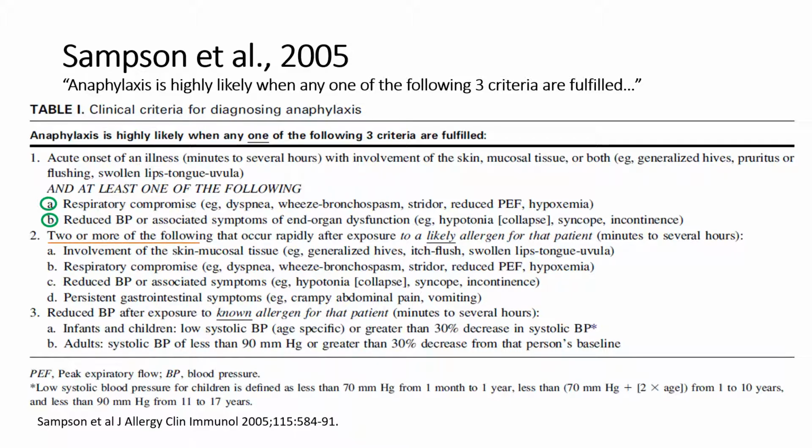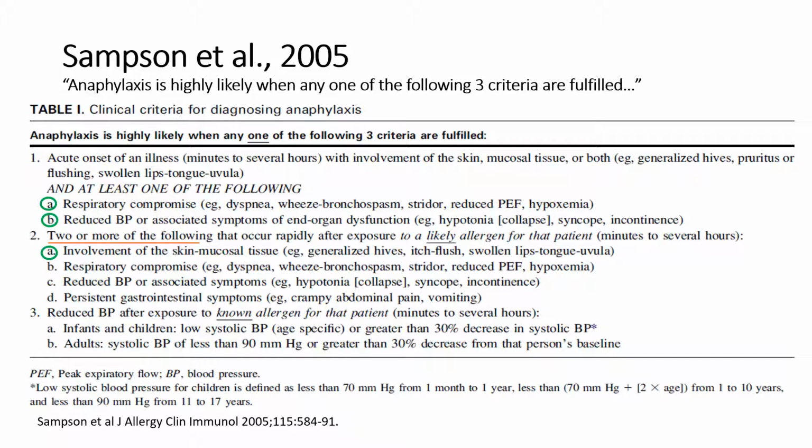Let's look at criterion number 2. In criterion number 2, 2 or more of the following should occur rapidly after the exposure to a likely allergen for that patient. Why am I saying this? Well, the patient is giving a history of having had a reaction to a particular drug, and they may not have known that they were getting the same drug with a different name.